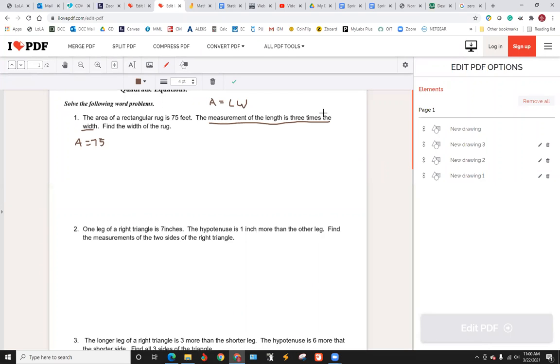It tells us the measurement of the length is 3 times the width, 3W. So the length is 3 times what the width is. So in other words, if the width is 5, then the length would be 15. If the width were 10, then the length is going to be 30. It's just 3 times whatever you're dealing with.